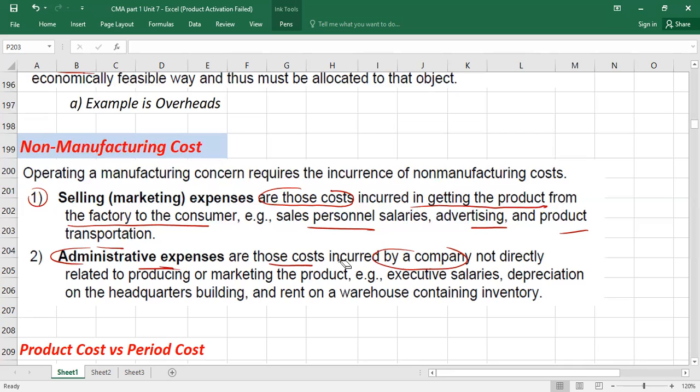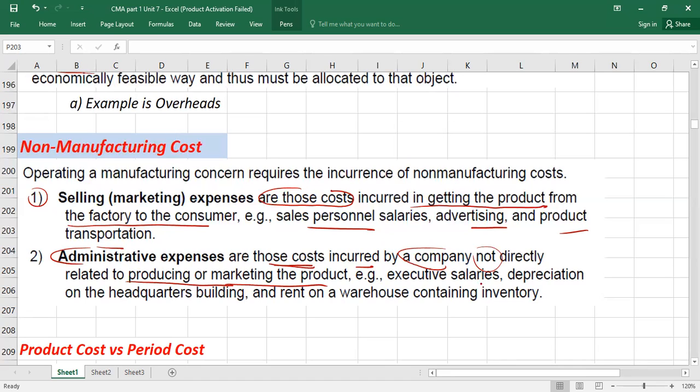So this is what they are saying. Administration expenses are those costs incurred by a company not directly related to producing or marketing the product. It is not relevant to marketing, not relevant to the production also. So then we will say it is the administration cost.